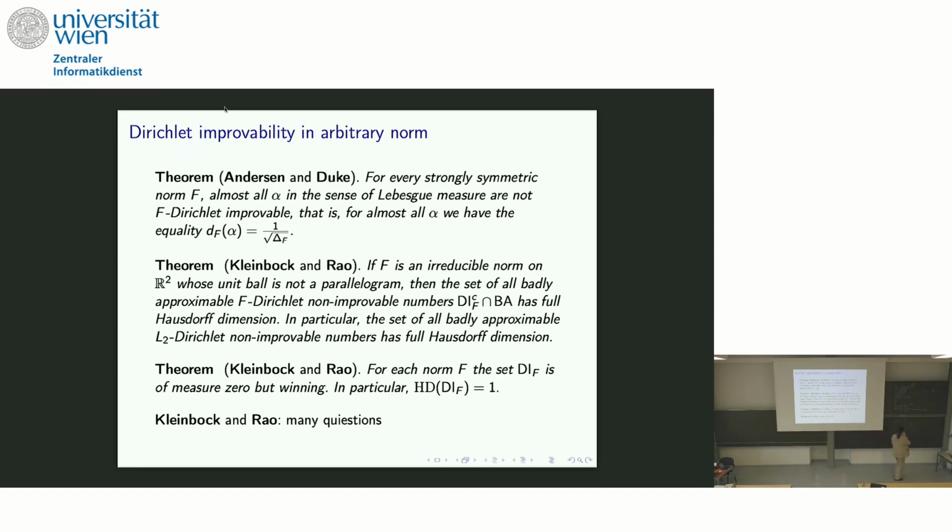It says that if we consider the space of lattices and the critical locus, the set of critical lattices, and take a small open set which contains it, a neighborhood, then because of ergodicity almost all trajectories go there infinitely many times, and this means that for almost all alpha we do not have Dirichlet improvability.